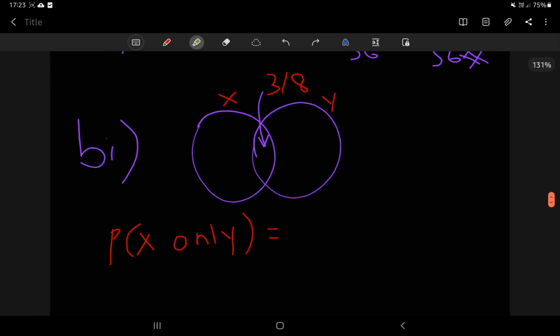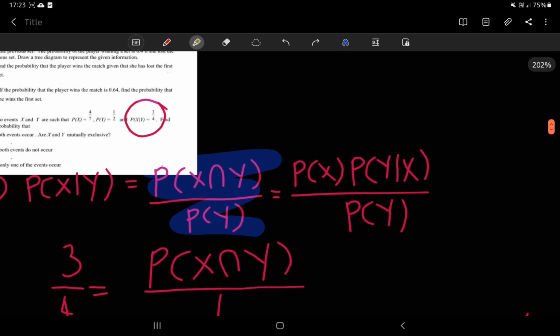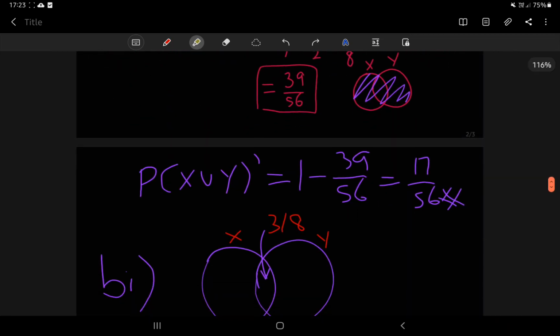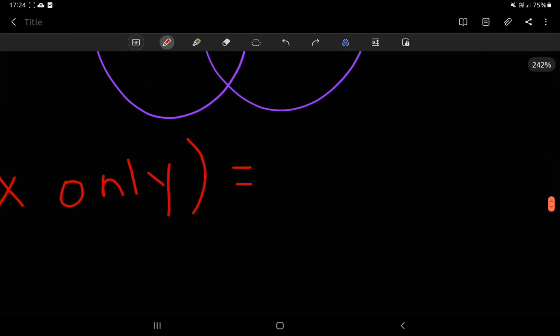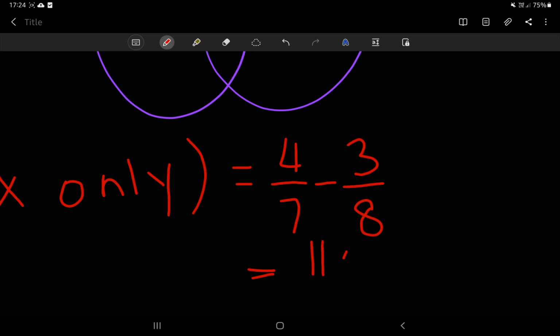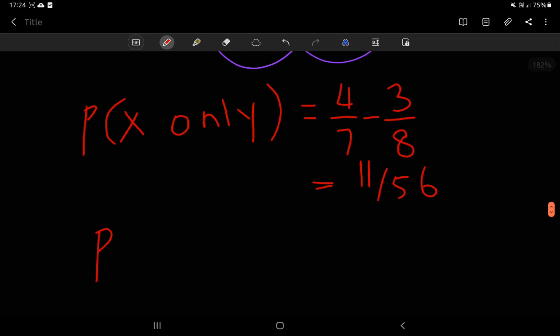So what we can do is subtract from the whole parts of X and Y, which are 4/7 and 1/2 respectively. So 4/7 minus 3/8, where 3/8 is the middle, or the intersection part, we have 11/56. Then we do the same thing to find the probability of Y only: the whole Y is 1/2, and the intersection is 3/8.